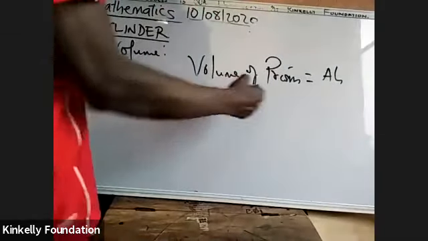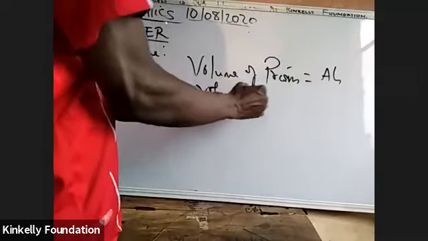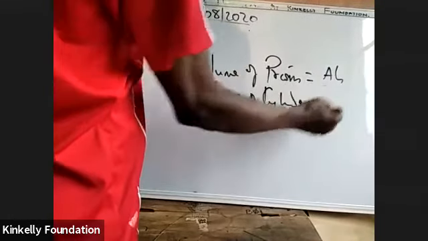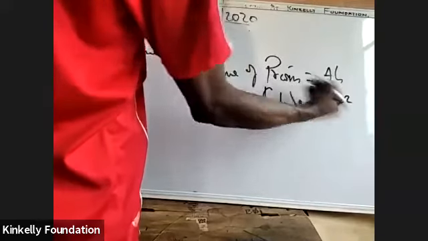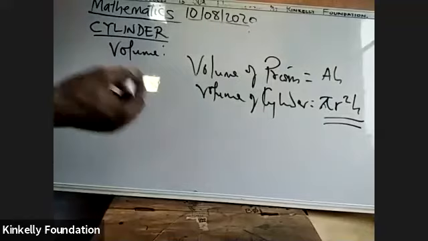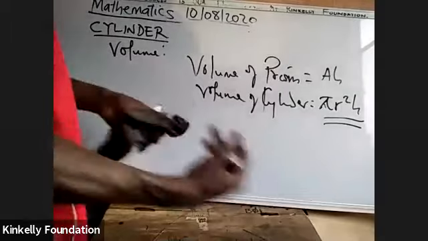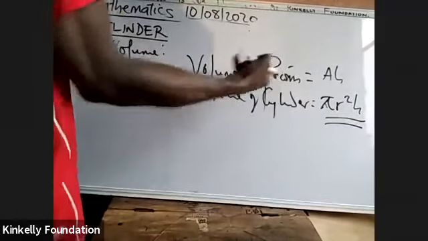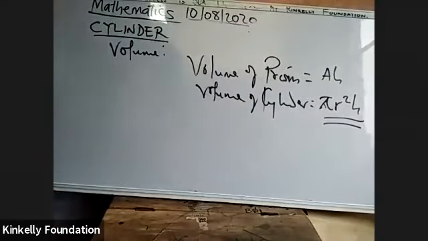A cylinder being a prism, the volume of the cylinder will be the cross-sectional area, which is the area of a circle, times the height. Remember that the cylinder and the cone have a relationship. If this is for a prism, the pyramid will be 1/3 of this value.